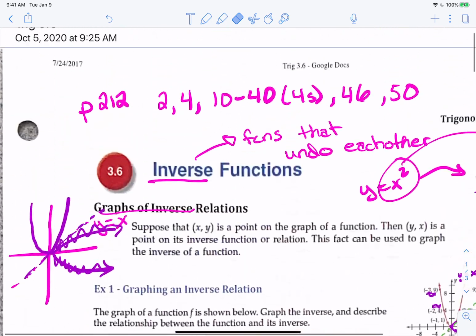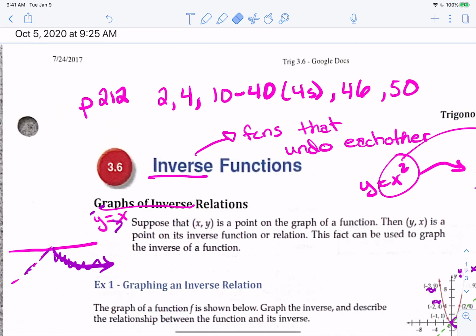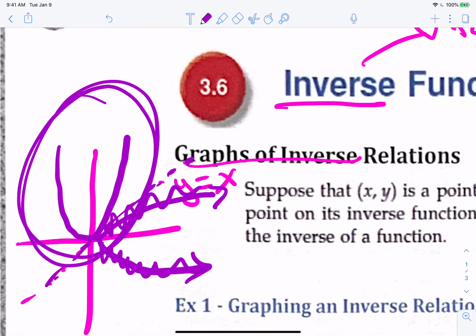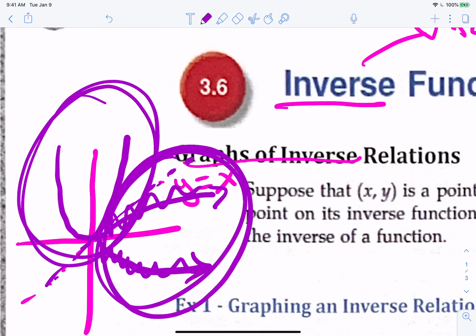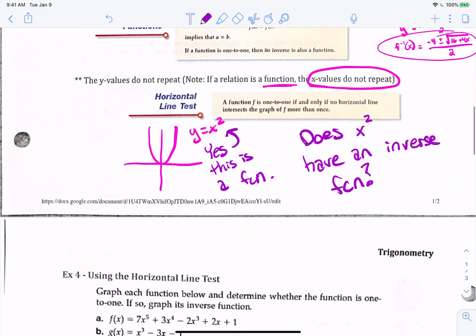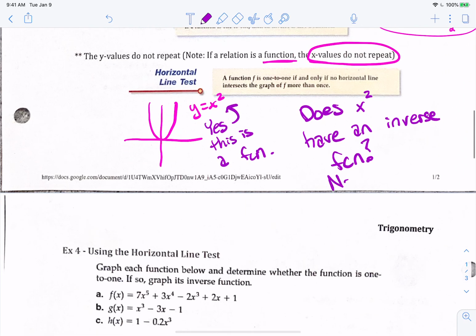When we graph these two, this is my original function, the x squared. If I find its inverse, it becomes this. Does this pass the vertical line test? No. So even though it has an inverse relation, its inverse is not a function. So I'm going to put no, just an inverse relation.